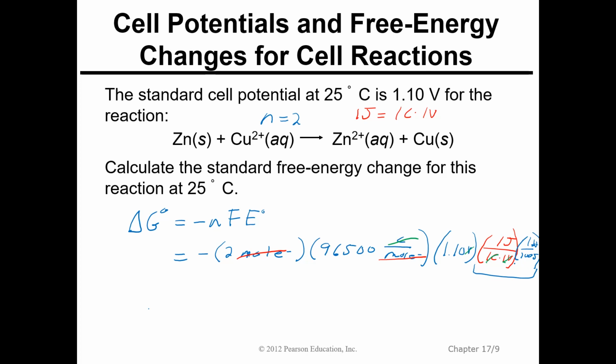So if I take negative 2 times 96,500 times 1.1 and divide that by 1,000, you should come up with negative 212 kilojoules.